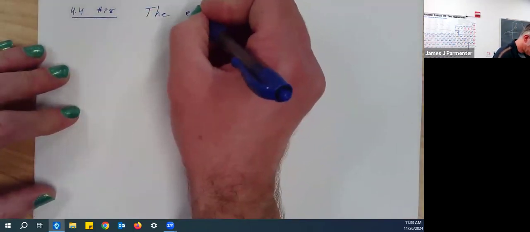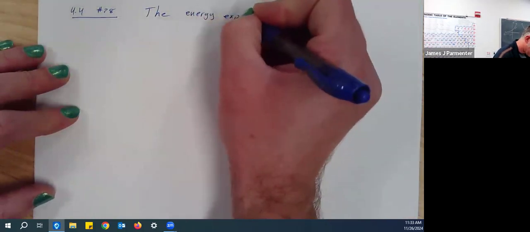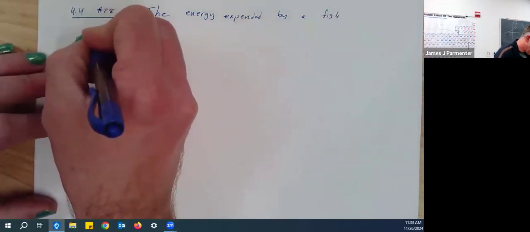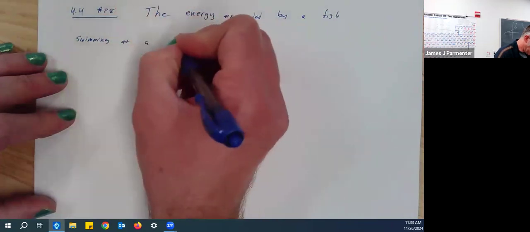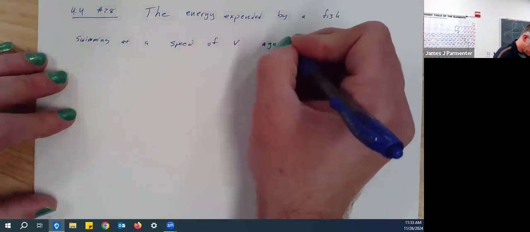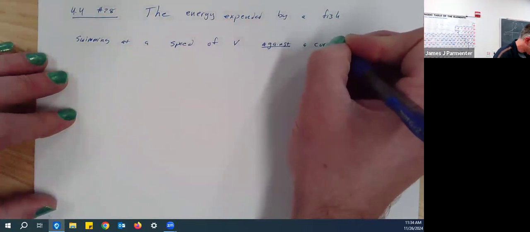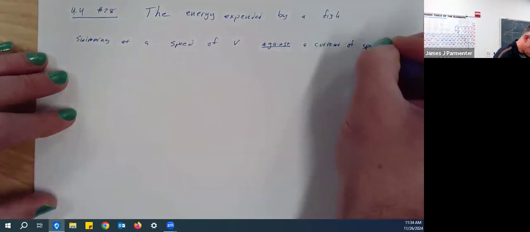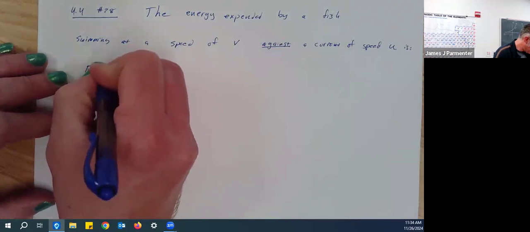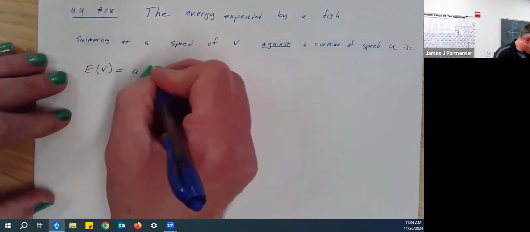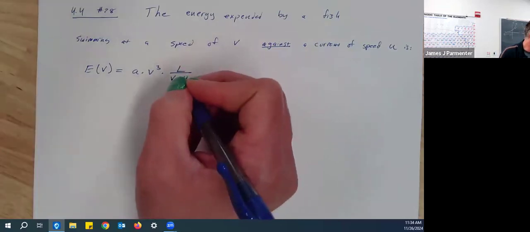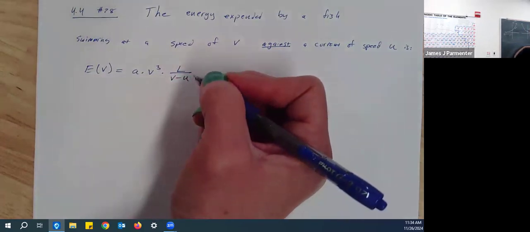The energy expended by a fish swimming at a speed of v against a current of speed u is E as a function of v equal to a times v cubed times L divided by v minus u. Double check and make sure I'm not writing something silly here. Nope, that's right. Okay.